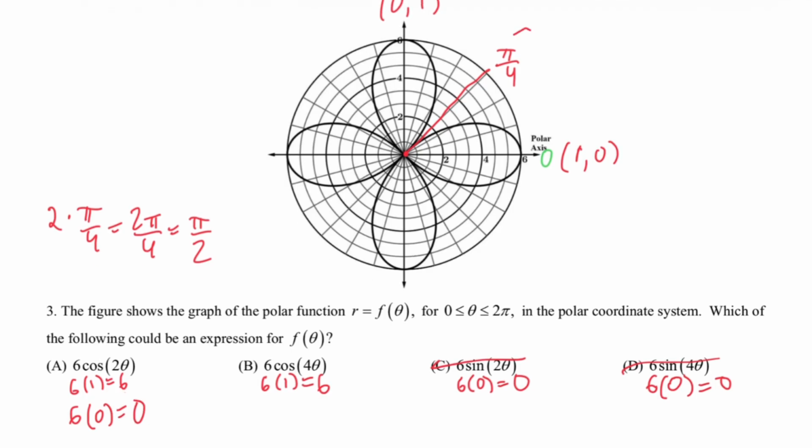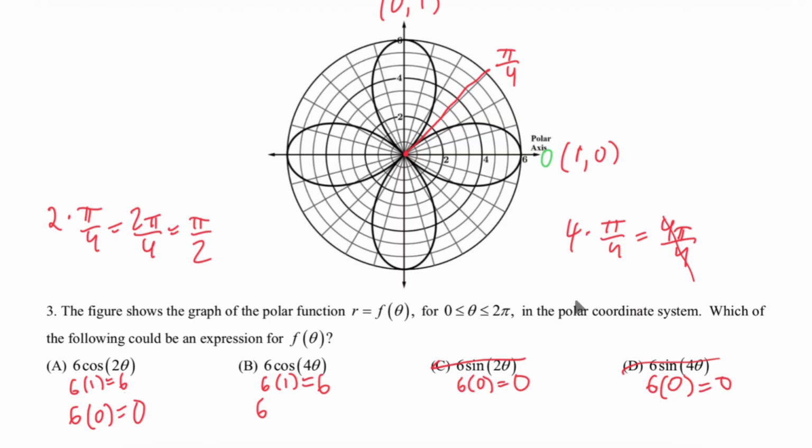We need to look back at our angle. We might have used pi over 2, but that's not our angle that we plugged in. We have to look at the angle we plugged in, which is pi over 4. That did give us 0, so it looks like A is correct so far, but we need to check with B. So 6 times cosine 4 times pi over 4, which gives me 4 pi over 4.